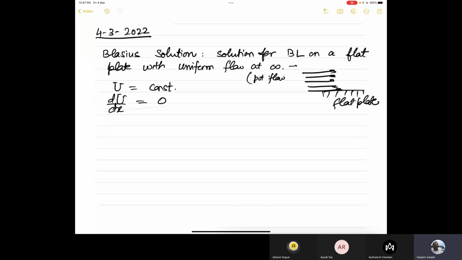Because of this, dU by dx is 0, and therefore the boundary layer equations are the continuity equation and the momentum equation.